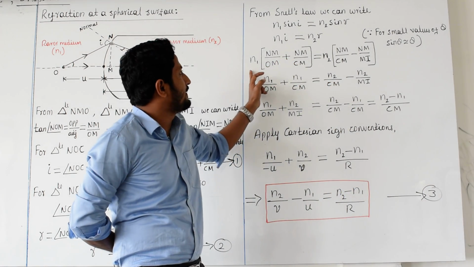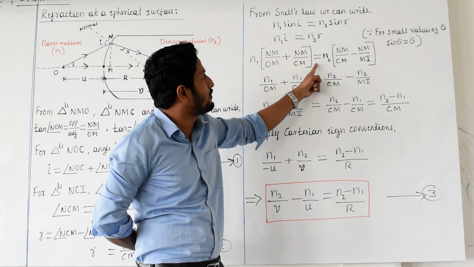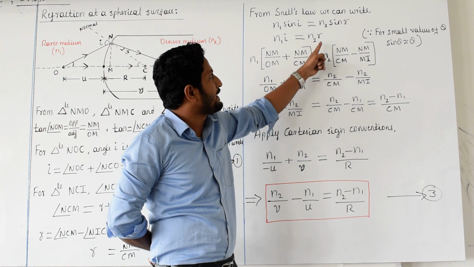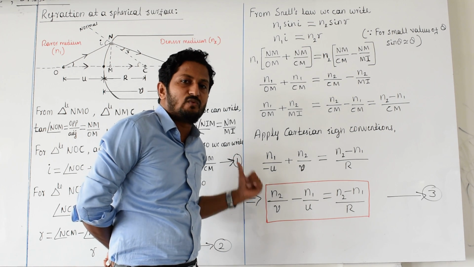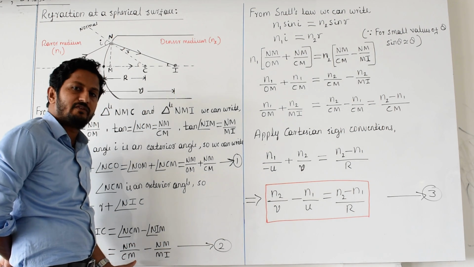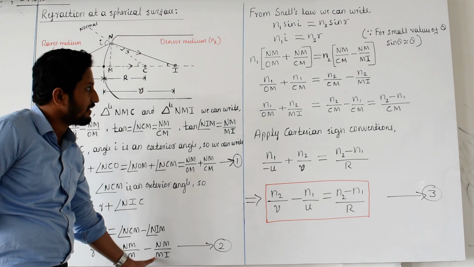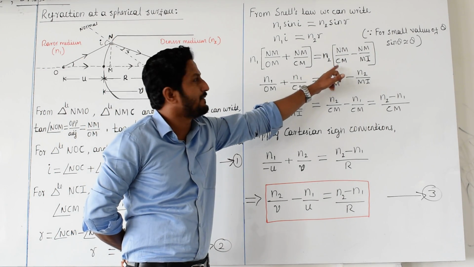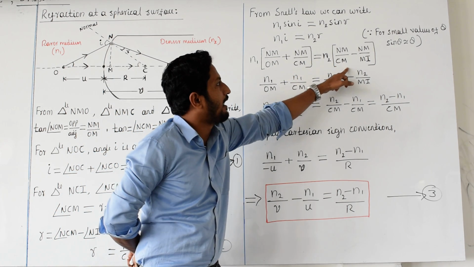In place of i, we wrote that value, equal to n2. In place of r, you have to take the respective value from equation number 2. Equation 2 gives the value of r. r is equal to this. I have written here. Yes. n1 i is equal to n2 r.